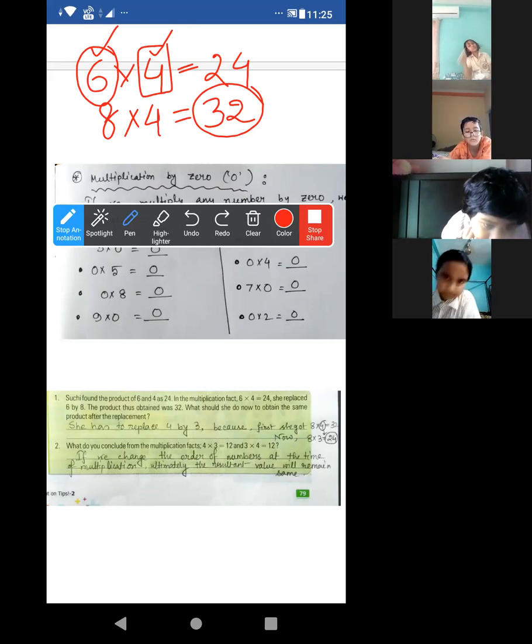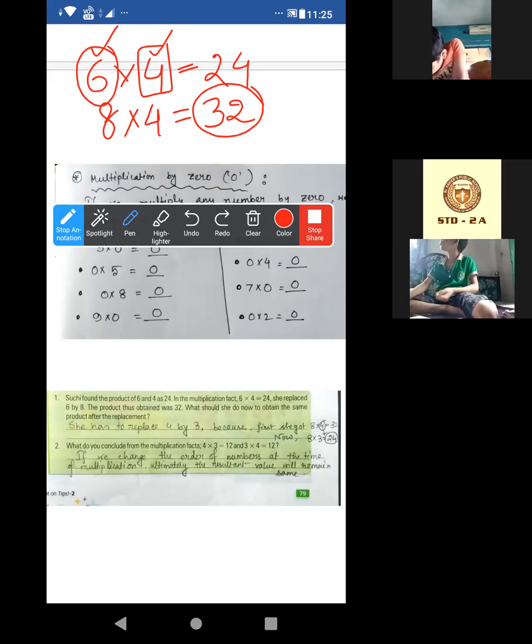Now the next step. What is given over there? What should she do now to obtain the same product after the replacement?